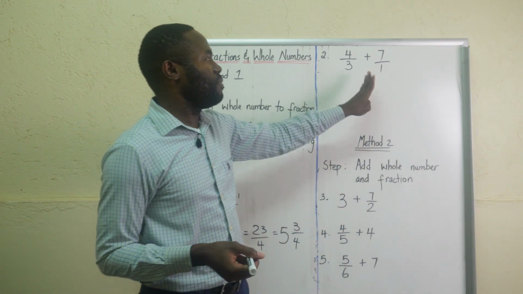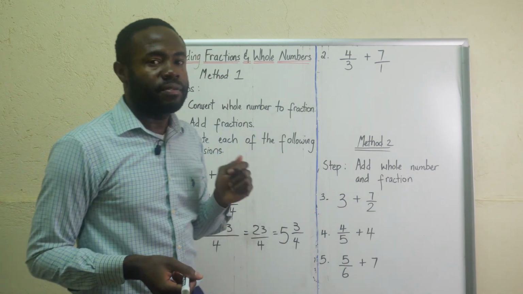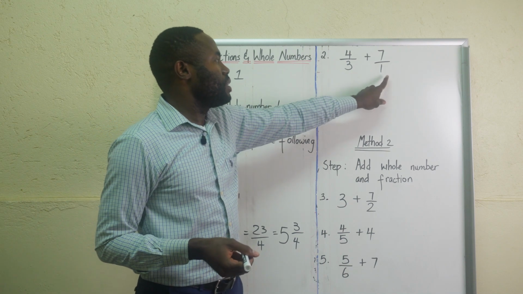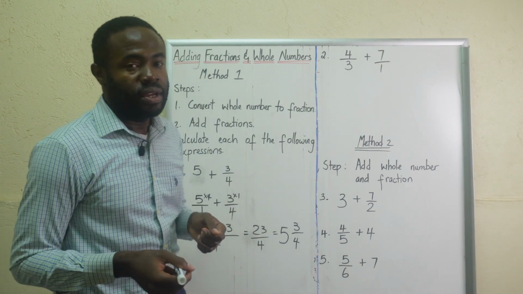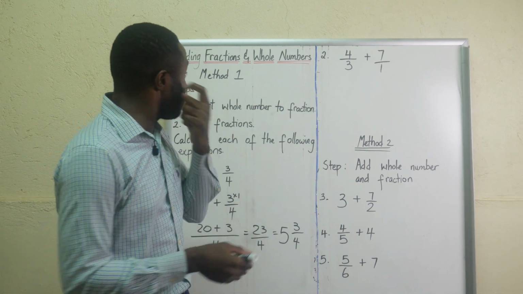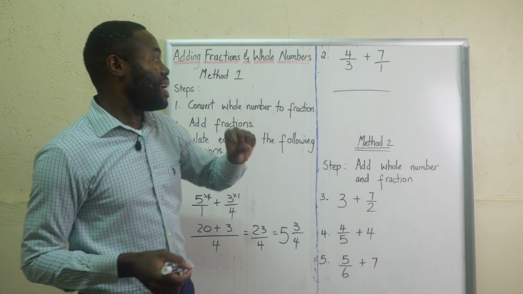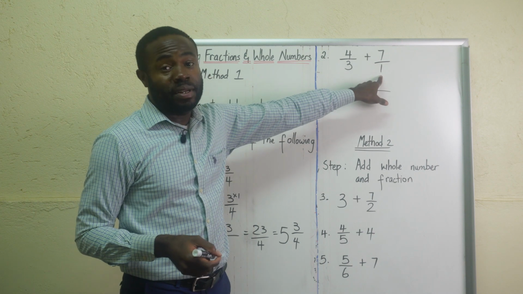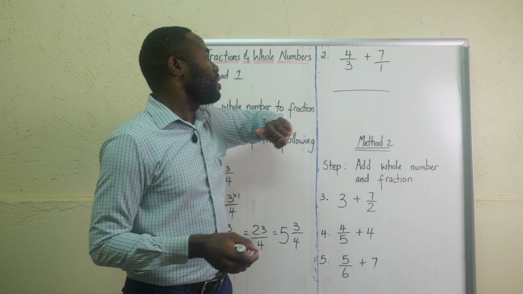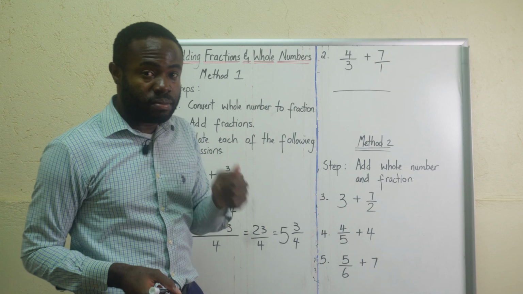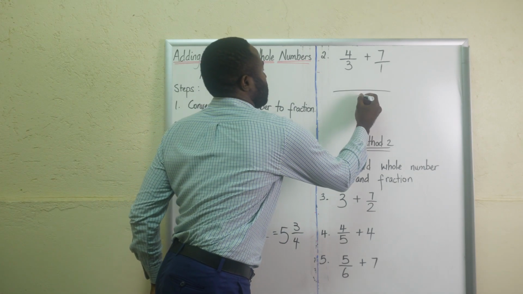Ensure that you watch my video on adding fractions. Now the denominators are unlike, so we can simply find a common denominator for the both of them. Again, since one of the denominators is a 1, then the other one must be the common denominator.